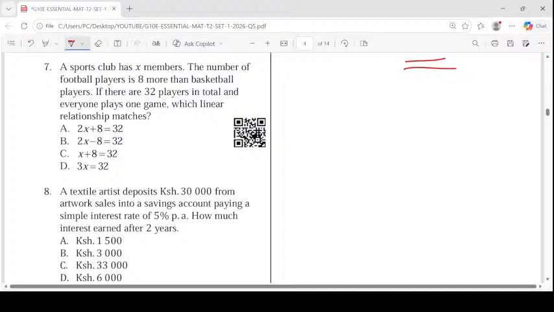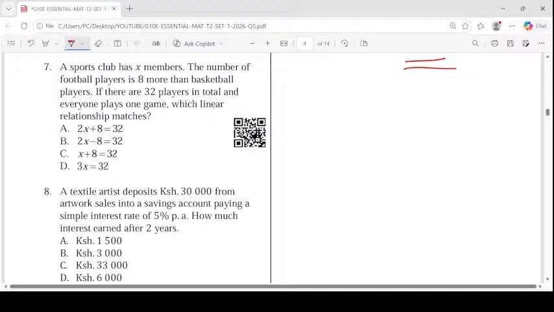We have those playing football and those playing basketball. I want you to analyze that particular question with much keenness. We should analyze the question with the keenness it deserves.